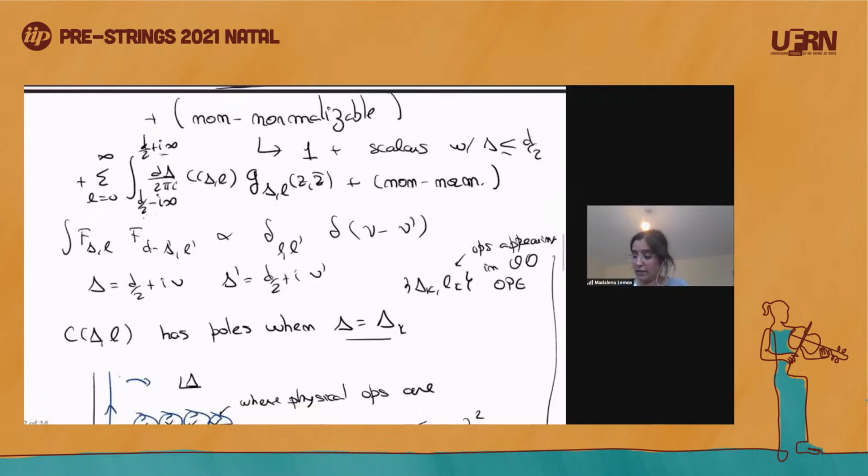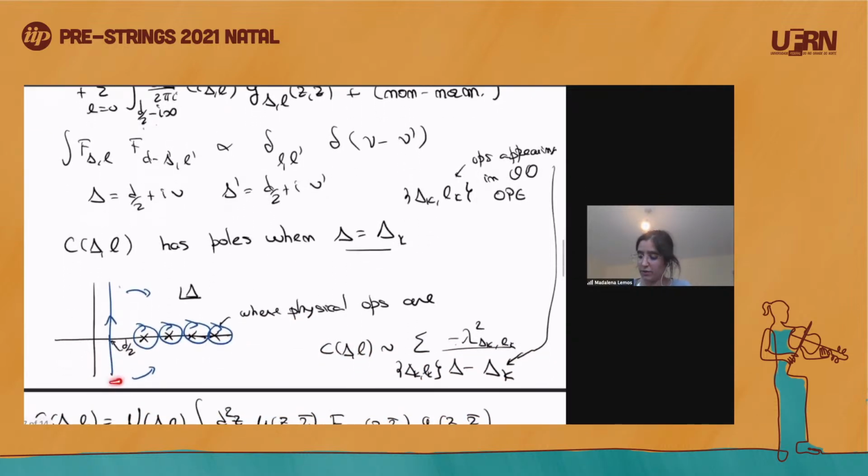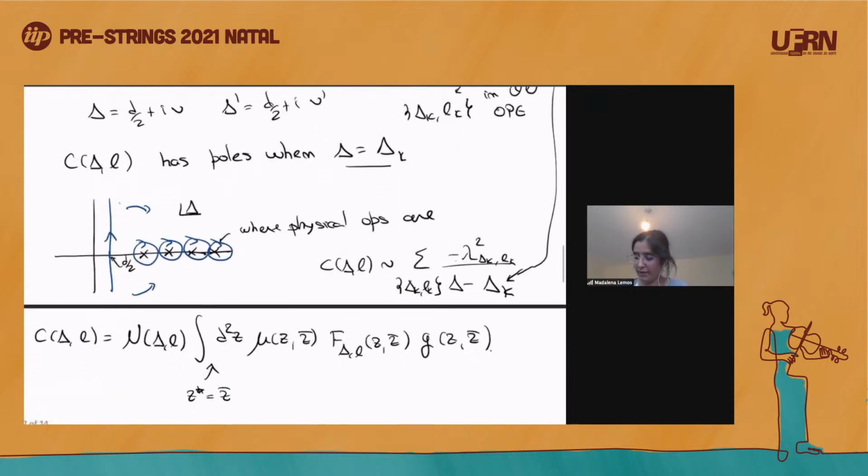This is related to the normal OPE decomposition by this closing of the contour argument and by having that C delta L has poles where the operators are. And then you can extract C delta L. So now I inverted the OPE. If you give me the correlation function, I now extract this function C delta L. So this is what an inversion formula is. This is a Euclidean inversion formula.